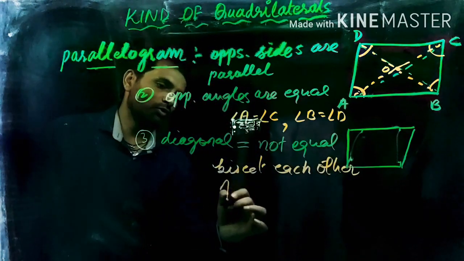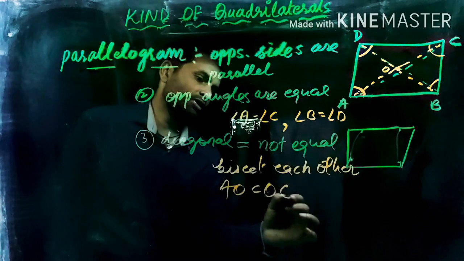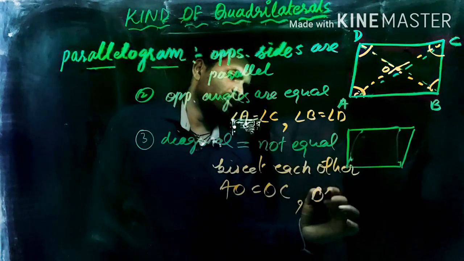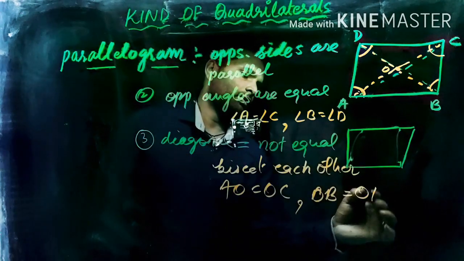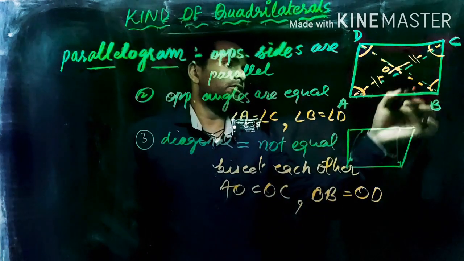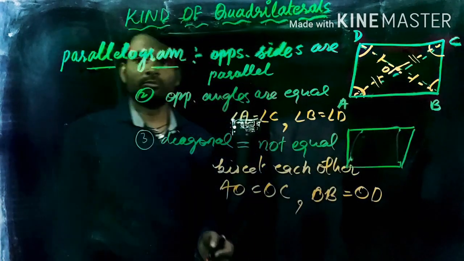It means AO is equal to OC and OB is equal to OD. This part is equal to this part and this part is equal to this part.